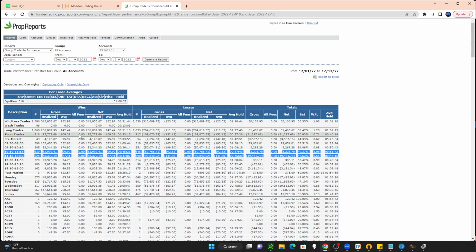So whatever the case may be, even if we look at the trades that have been done, pre-market isn't really a big winner. Pre-market usually is not as easy as you think. Yes, that's right, Branton. But what's really telltale is that the majority of the trades that are losing are happening after the open, which means that a lot of you are not acting at the open like you should.